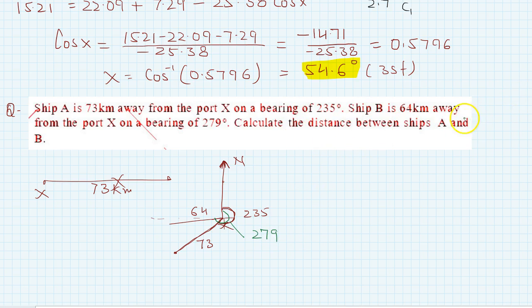Calculate the distance between ship A and B. So this is ship A, this is ship B. And what is this angle? This is 235, 279. So this angle is 279 minus 235. This is 44. So we have to calculate this distance.